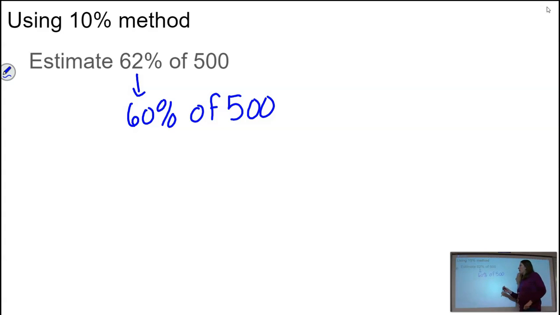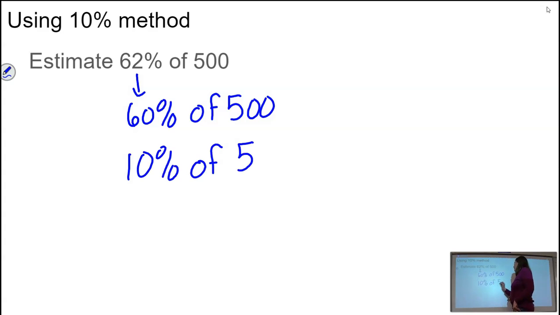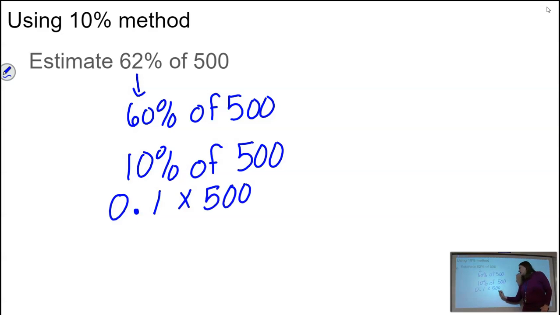So let's go ahead and find 10% of 500 because we just need 6 groups of these, right? To find 10% of 500, all you need to do is just move the decimal over 1 space, right? Because what you're doing is 0.1 times 500. This just means to move the decimal over by 1 place value or by dividing by 10. So 10% of 500 is just 50.